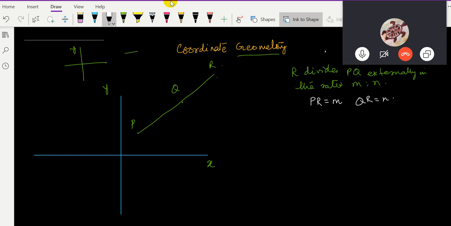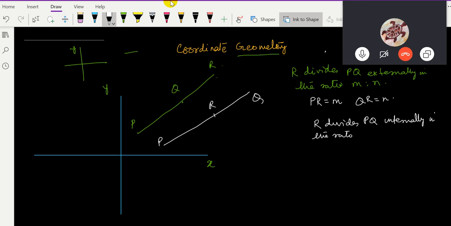If R divides PQ internally in the ratio of m is to n, then PR is equal to m, QR is equal to n.